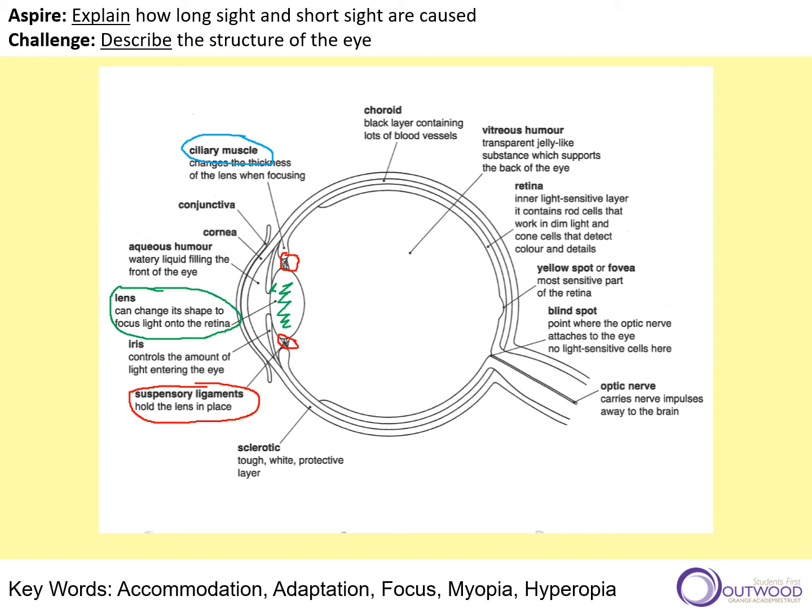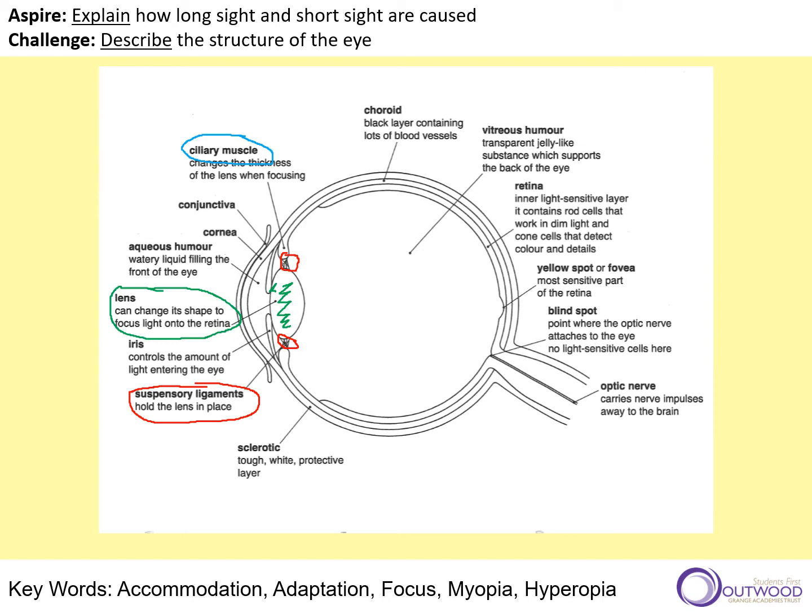If you hold that spaghetti and relax your fingers and move them towards each other, the spaghetti will get thicker and make a wiggly worm shape. However, if you pull it and tighten it, it will get thinner and you'll get the long, thin spaghetti shape. So think of that as your lens.